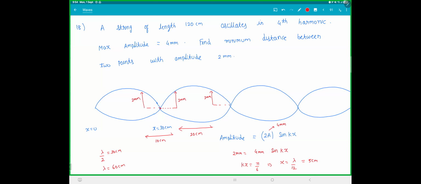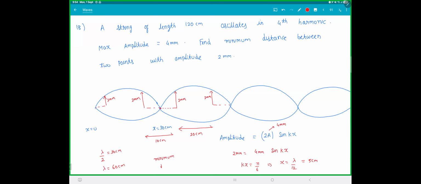Are you clear with this? I never said in the same loop. If I had said to find the distance between the 2 points with 2 mm in the same loop, then you should have taken 20 centimeters. But the question was not that. So what you got, pi by 6, is from the zero, the first position where you get this 2 mm. So the answer is 10 centimeters.